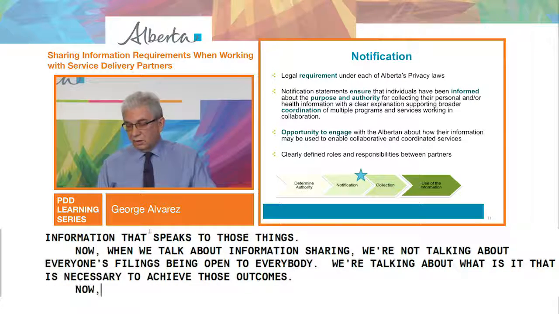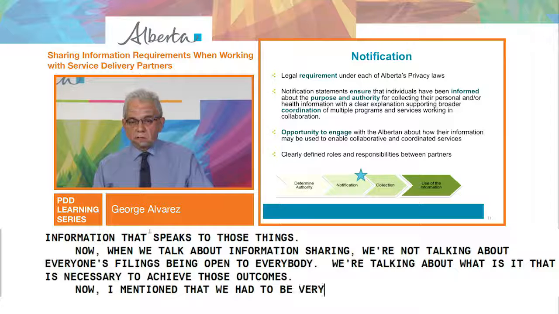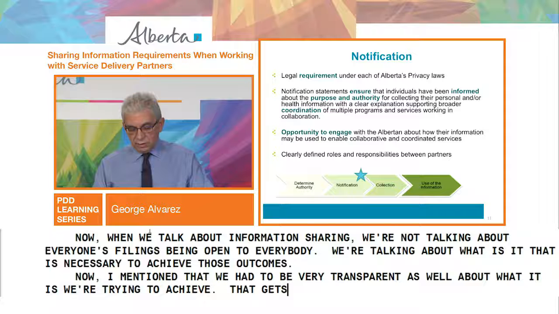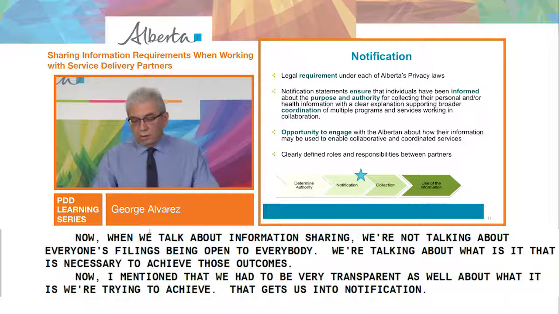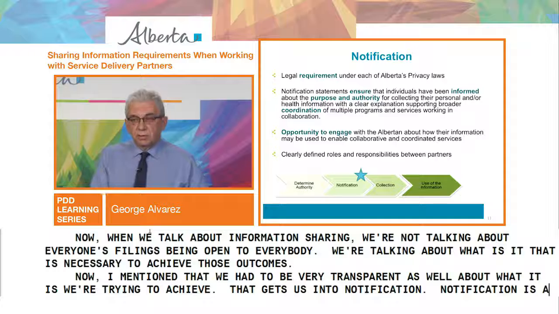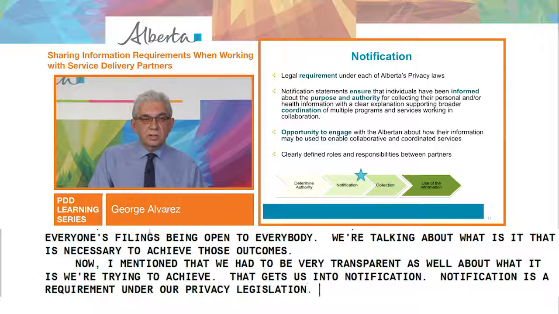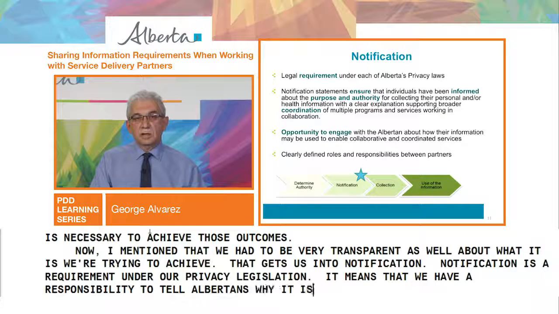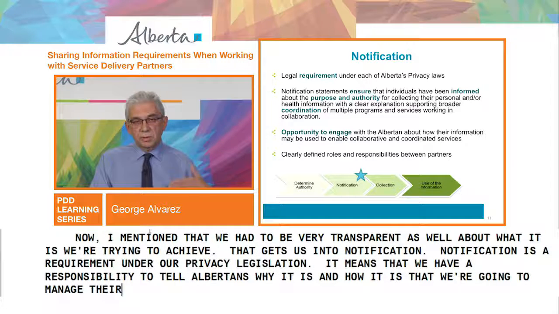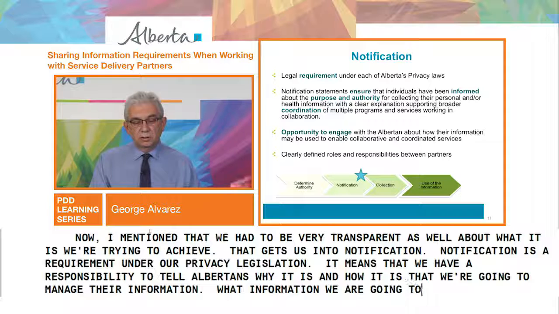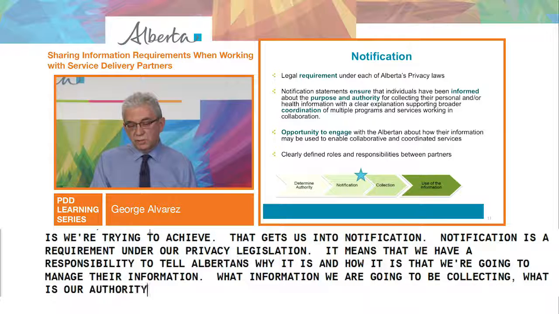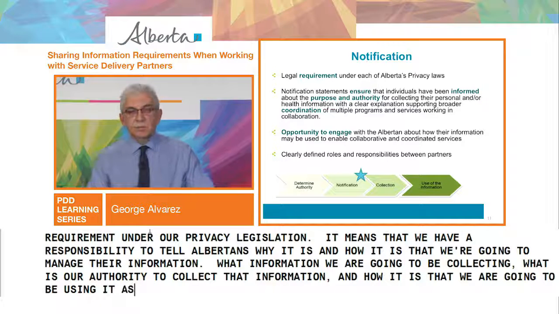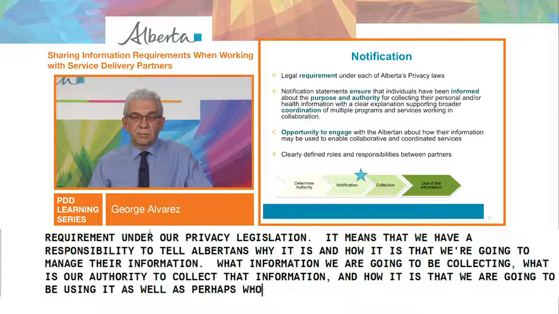Now, I mentioned that we have to be very transparent as well about what it is we're trying to achieve. That gets us into notification. Notification is a requirement under our privacy legislation. It means that we have a responsibility to tell Albertans why and how we are going to manage their information, what information we are going to be collecting, what our authority is to collect that information, and how we are going to be using it, as well as perhaps who it might be shared with.